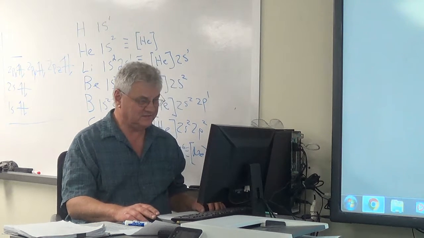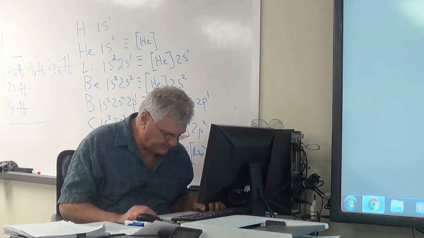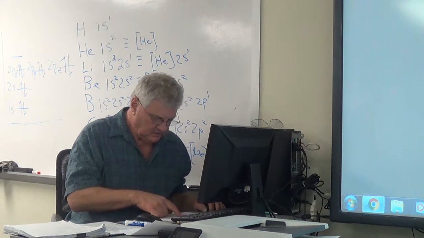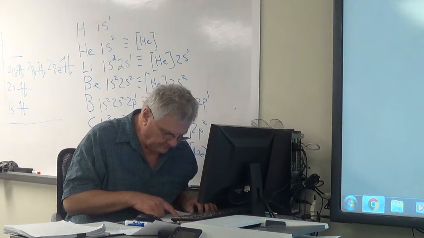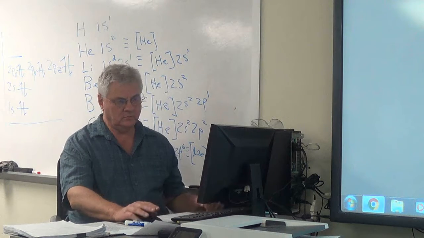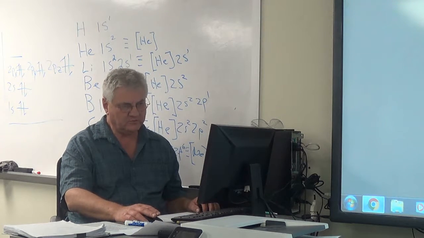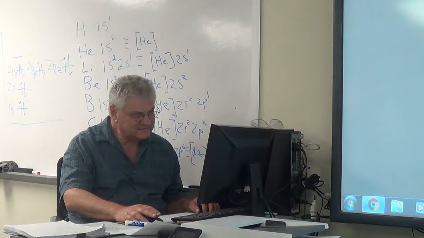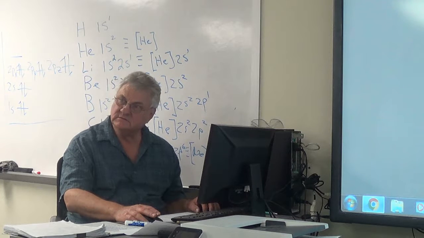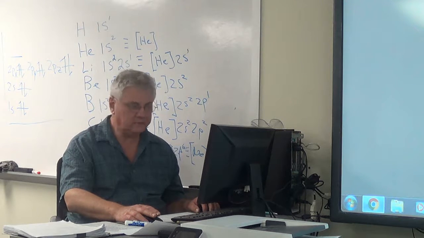So here's its full electron configuration, but if you look at the sheet I gave you, you got krypton and then you got the 4d10. So these are the outermost electrons, and the rest, all this stuff, is krypton, the noble gas. Okay?